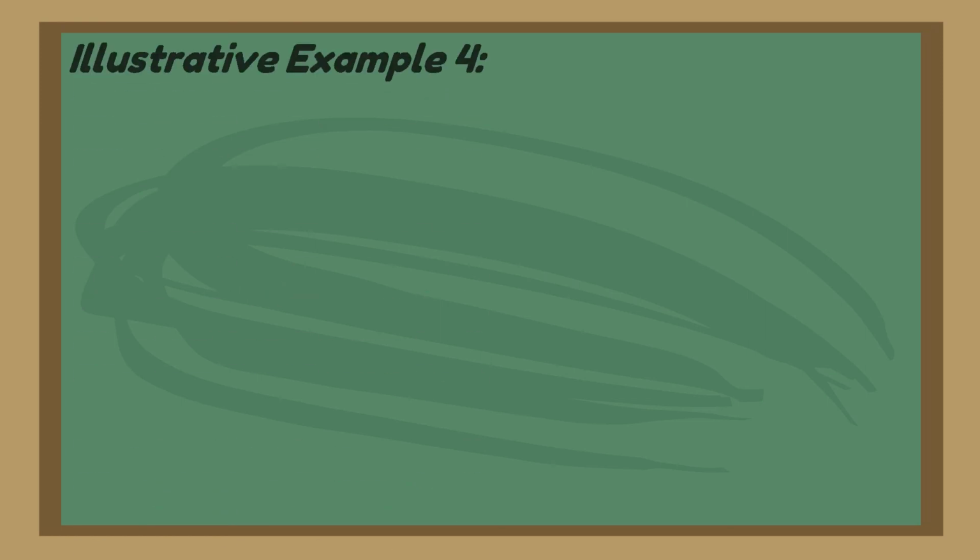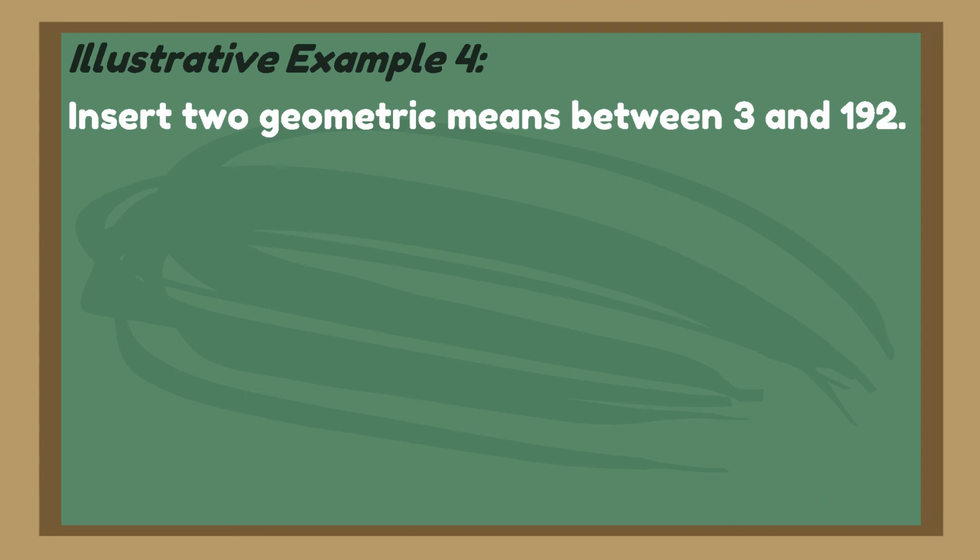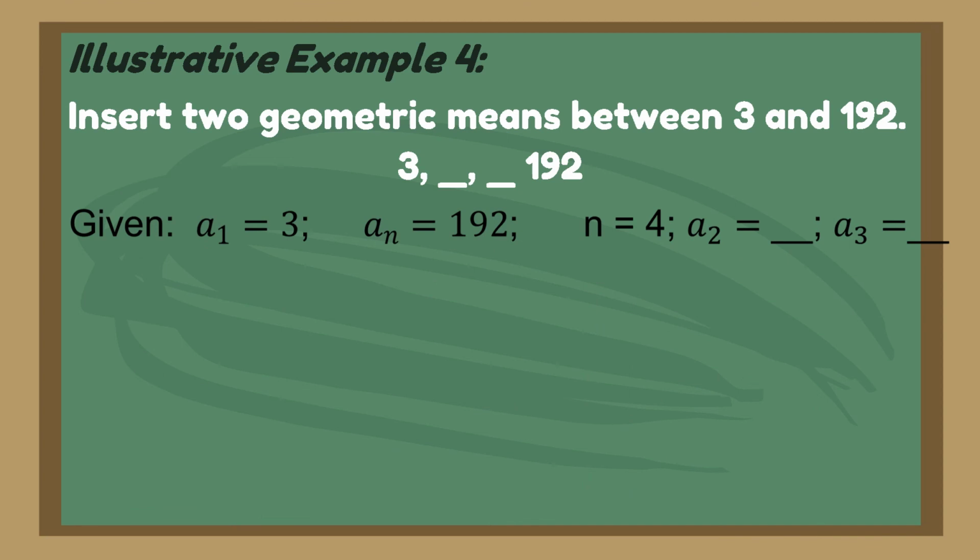Let's have another example. Insert two geometric means between 3 and 192. The terms between any two non-consecutive terms of a geometric sequence are known as geometric means. So we have 3, blank, blank, and 192. Given are a sub 1 equals 3, a sub n equals 192, n is equal to 4, and we need to find a sub 2 and a sub 3 for the geometric means.